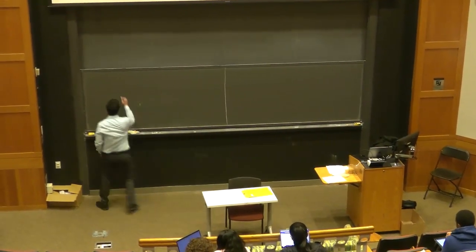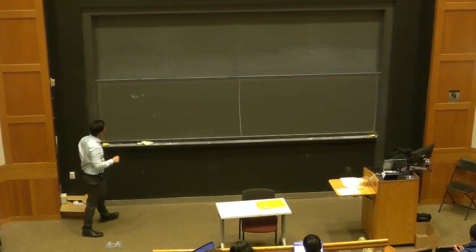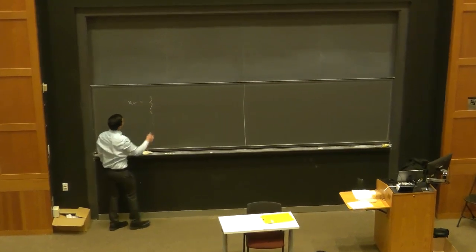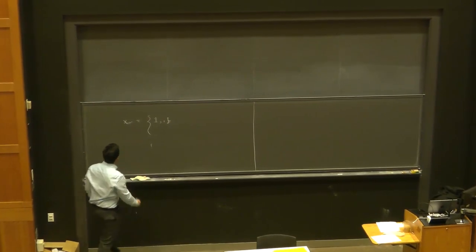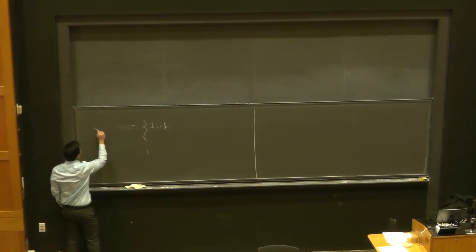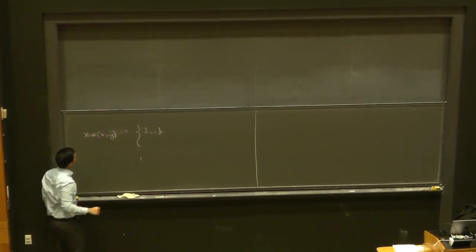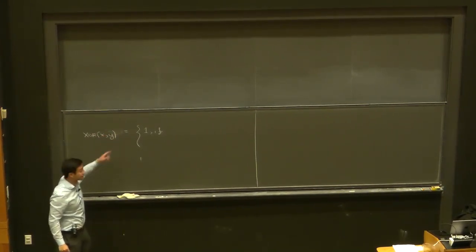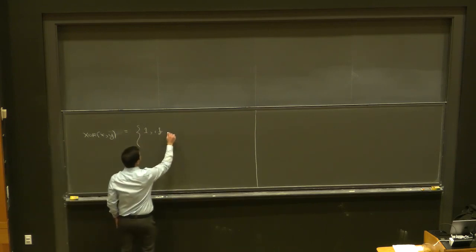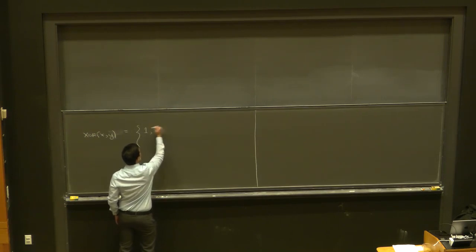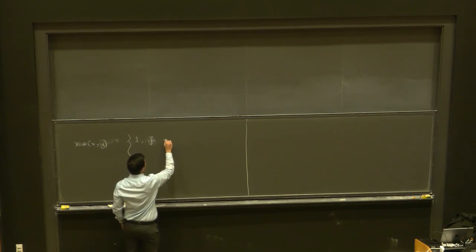So XOR takes in two Boolean variables as input.